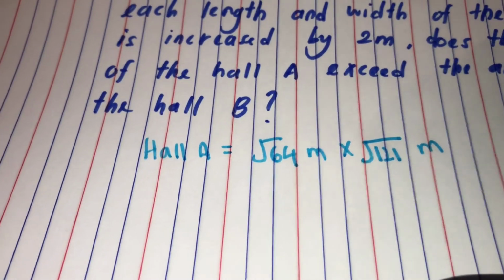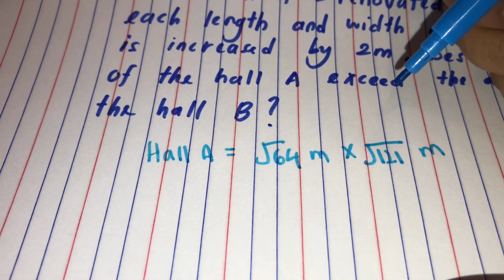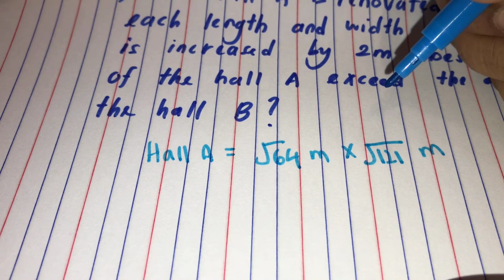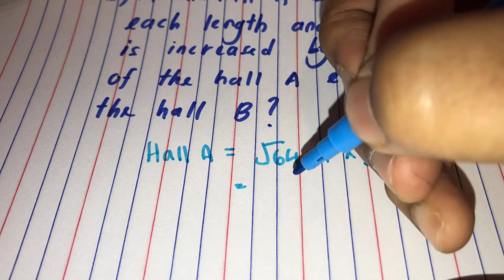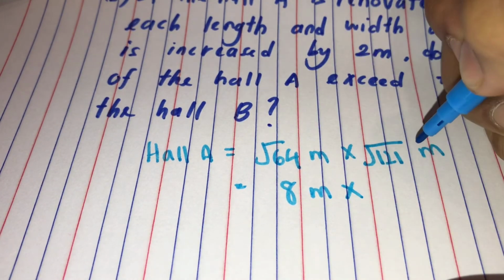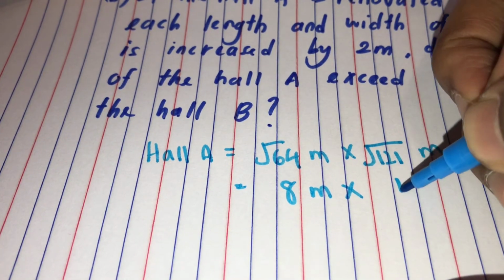So you open the square root: 64 equals 8 meter, times 121 equals 11 meter.